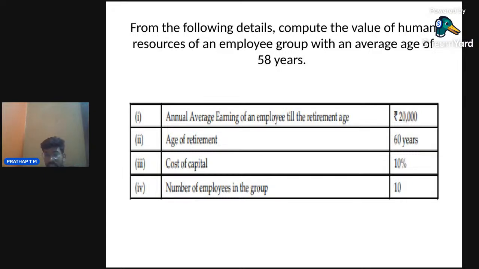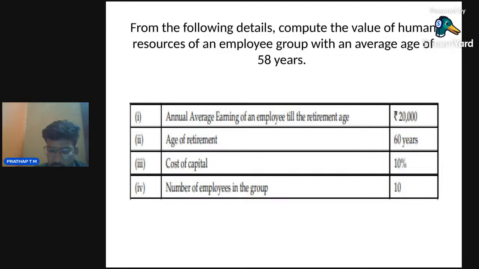But in your problem, you're not doing that. In the first 10 years you're getting only 60,000, not 66,000, right? So in that case, the first 10 year discounting factor we have to deduct from the 20 years present value factor. 6.145 is your discounting factor.